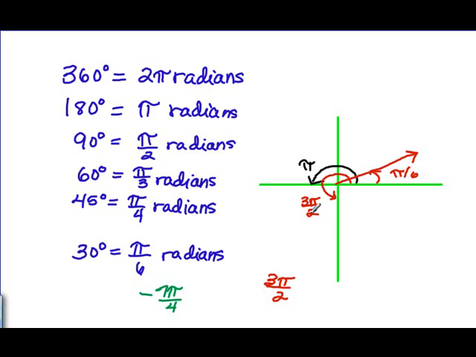Then we have 3 pi over 4, 4 pi over 4, 5 pi over 4, 6 pi over 4, and 7 pi over 4. So if we rotate in the clockwise direction, basically until we get to the middle of that first quadrant, we have an angle that is negative 7 pi over 4. Another way you can think of it is divide 7 by 4, and that goes 1 with 3 remaining. So that means you've got to go 1 pi around, and then 3/4 of the way around the other pi. Okay.